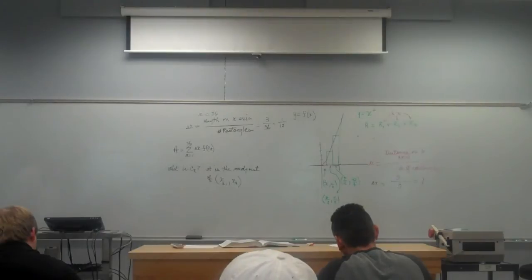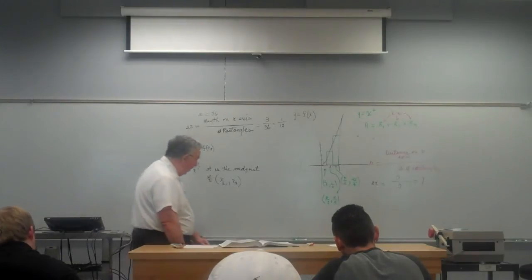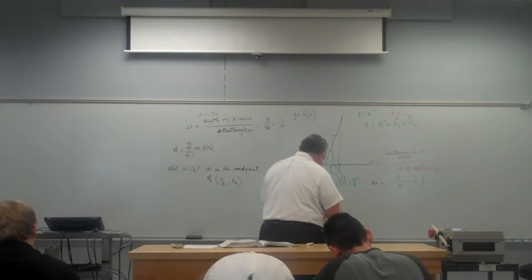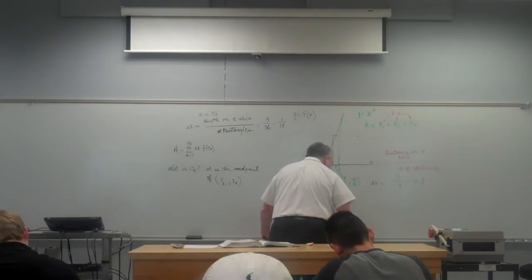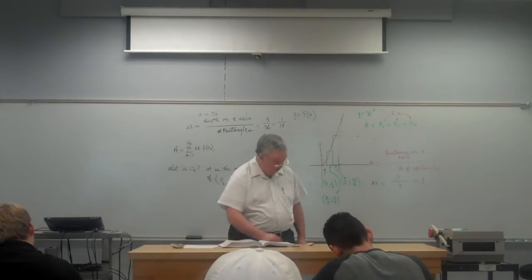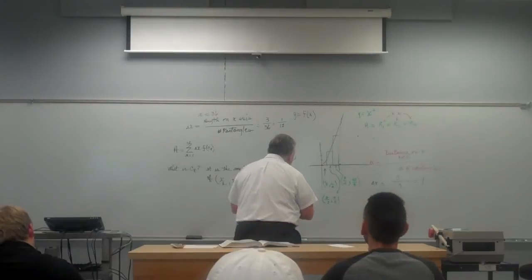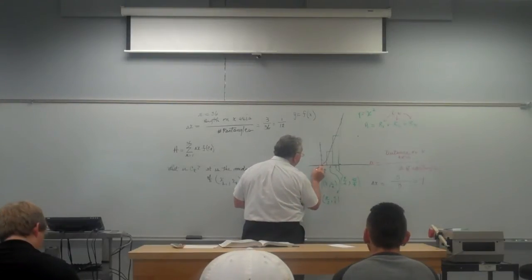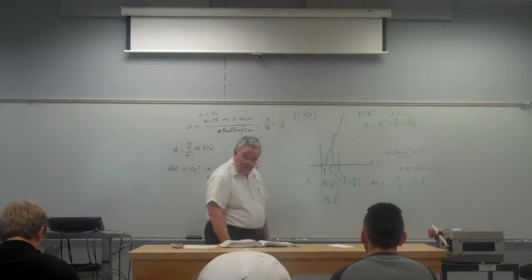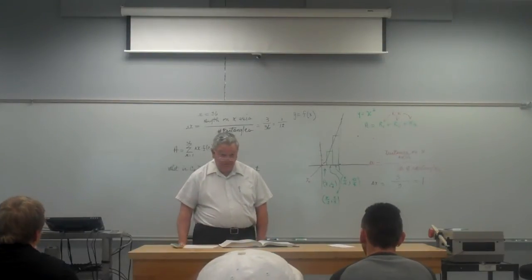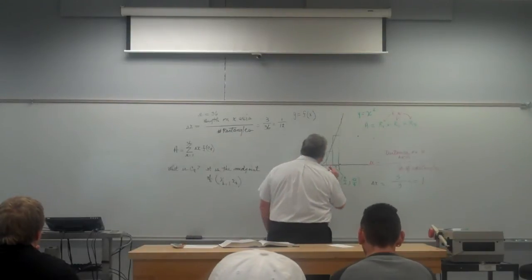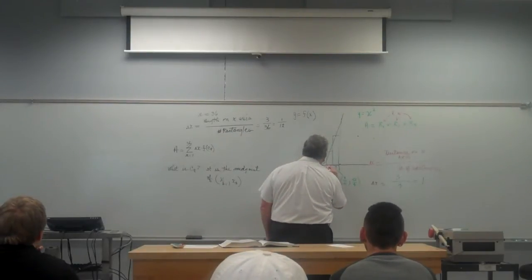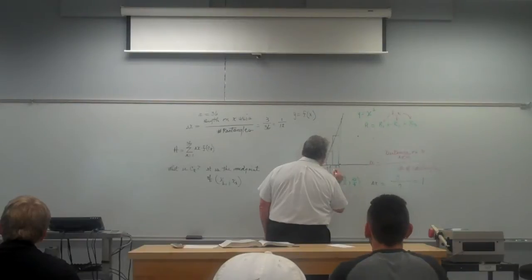Here's what I'm doing. I have now given these names. Here's where I need another color marker. I guess I can use red. I have now, this point is x naught, x sub 0. This point is x1.